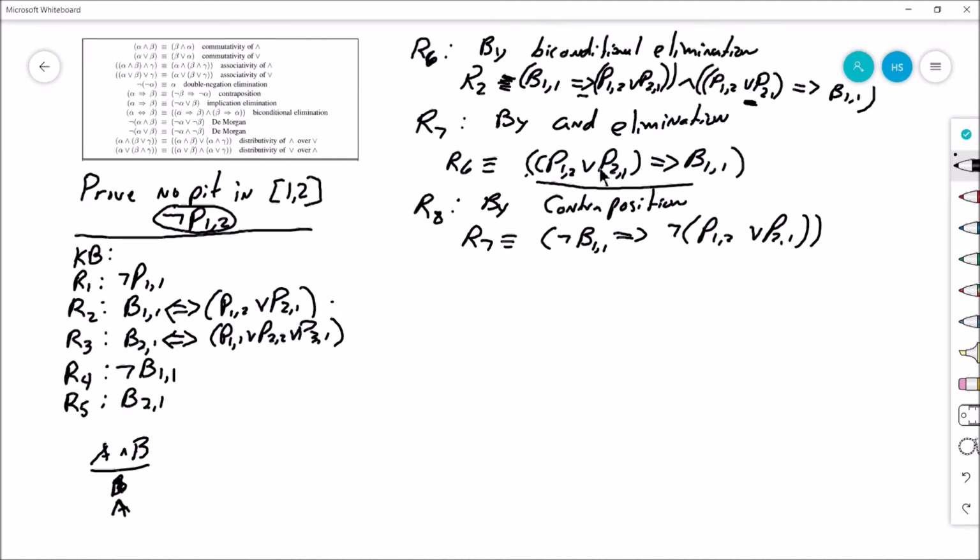Because this is the alpha and this is the beta, contraposition flips their position and makes them both negative. The beta became the alpha, made negative, and the alpha became the beta, made negative. Okay, so that's my new sentence, R8.